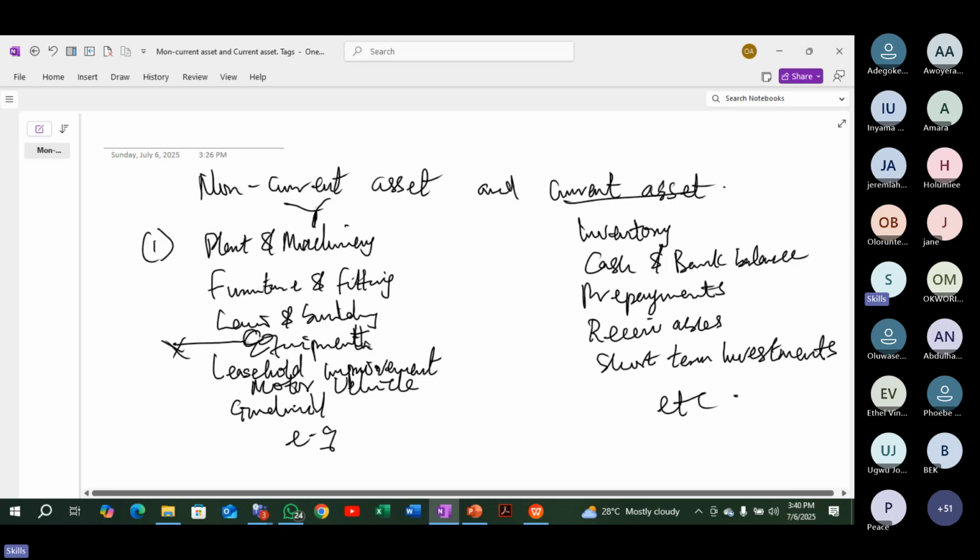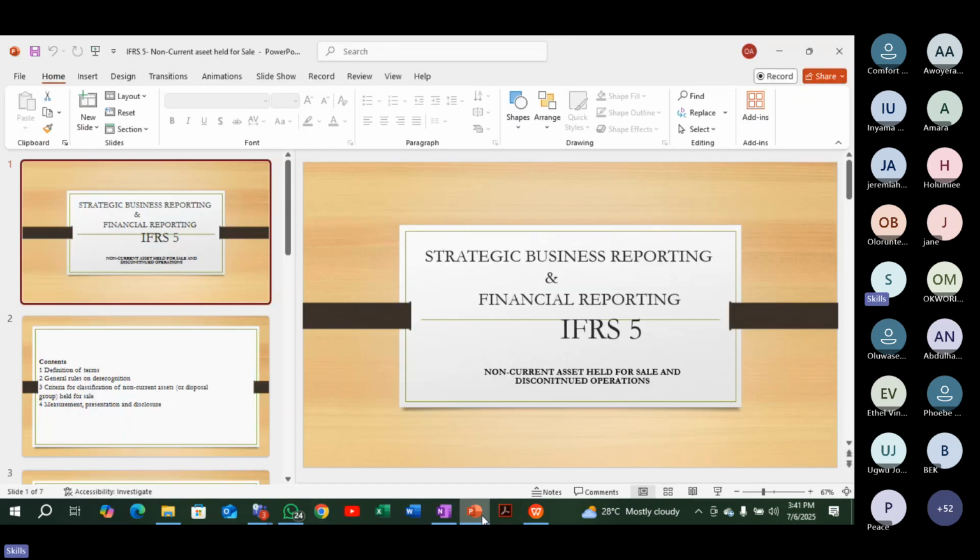Now, IFRS 5 is trying to tell us what and what are associated. So we are trying to look at the basic things this standard tells me to do and the things it doesn't want me to do.